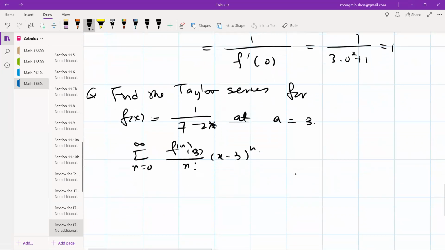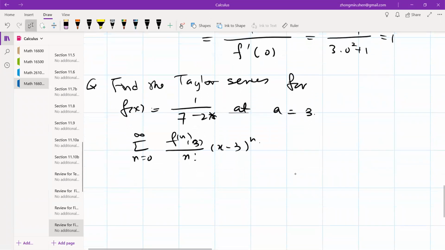So now we can use a known result, but be careful when you do the computation. When I was grading the exam, I found that some students got the idea but could not make it work. The idea is to expand into a power series. If we can find a power series representation, that must be the Taylor series.